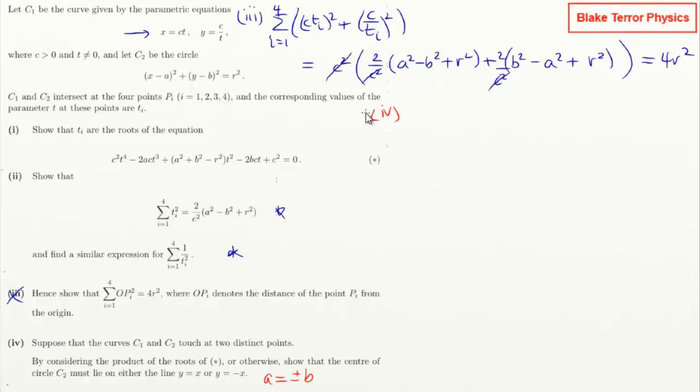Now, I suppose really I'm going to have to go back to all those things I've just written out on the other screen and can't see anymore. If we've got double roots, it doesn't matter which ones we say are the same, because we've not made any kind of distinction between t1, 2, 3 and 4. So I'll say that t1 is t2, they're the same, and t3 and t4 are the same. So the equations I had before, I remember if I multiplied them all together, I got 1. So t1 squared times t3 squared is equal to 1.